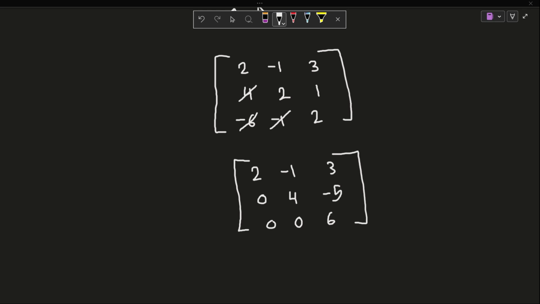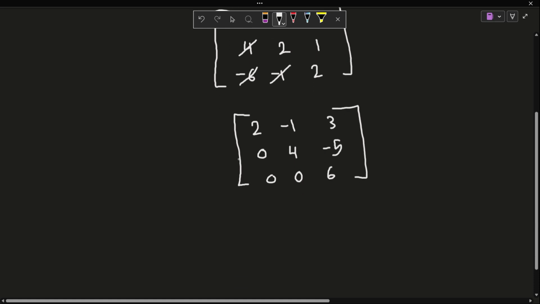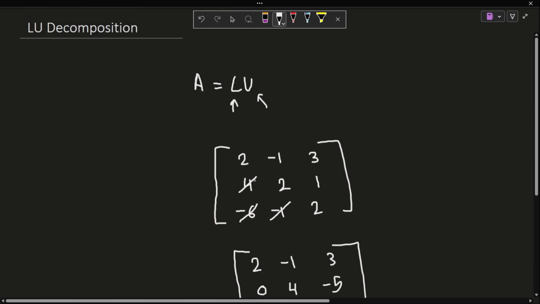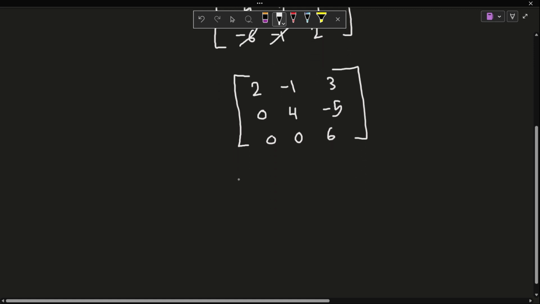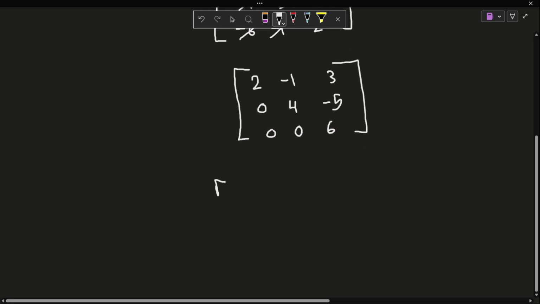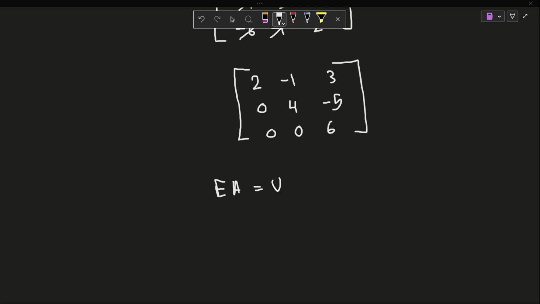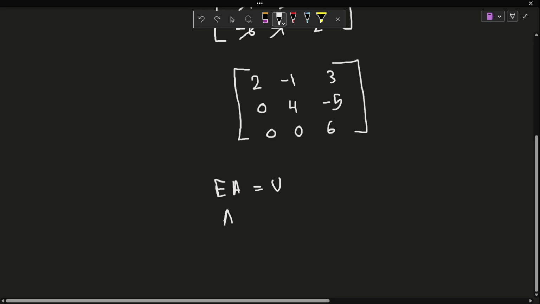That also means there is some sequence of elementary matrices, like we did here by getting rid of this 4, this minus 6, and this minus 1, that when multiplied by our original matrix gives us U. I'm going to denote E as the cumulative form of all the elementary matrices that we did, and then E times A is going to be equal to U.